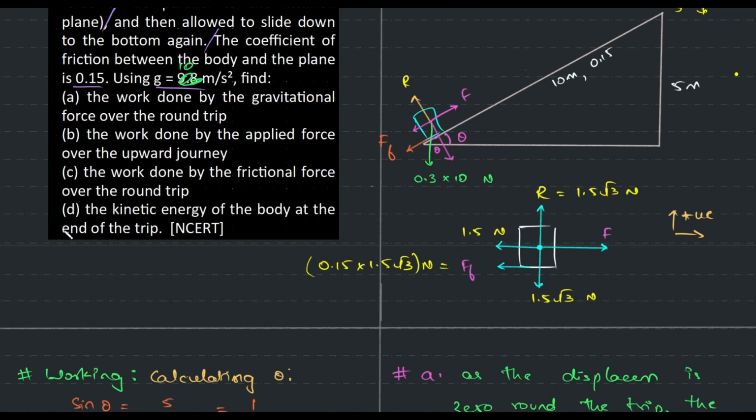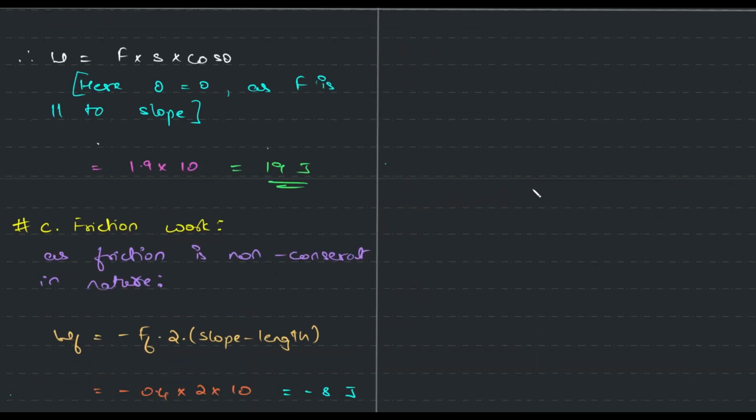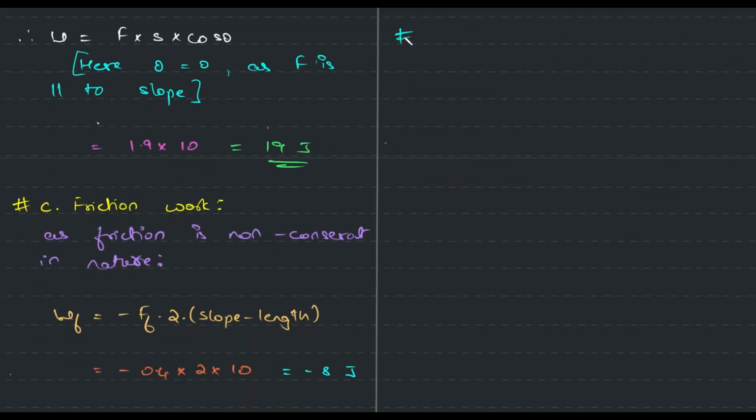And finally, we have the kinetic energy of the body at the end of the trip. So if I leave it from the top, what is the kinetic energy at the end? There are many ways of doing this. I'm going to go a bit lazy and figure out the answer in a much easier manner. We have to figure out the energy of the object when it comes down.